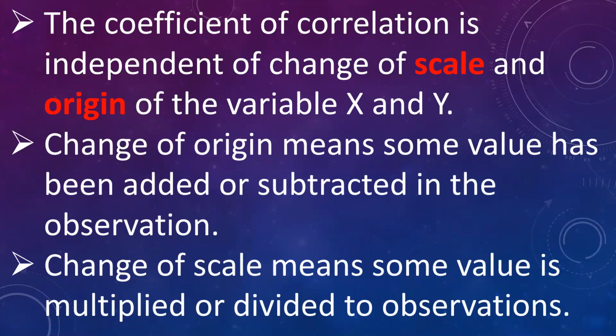That is, it is independent of origin. And change in scale means when some value is multiplied or divided to the observation, then also the correlation coefficient will not change. So correlation coefficient is independent of change in scale and origin of the variable x and y.